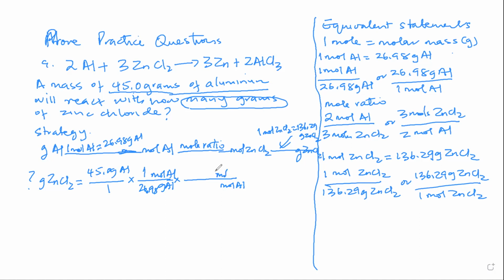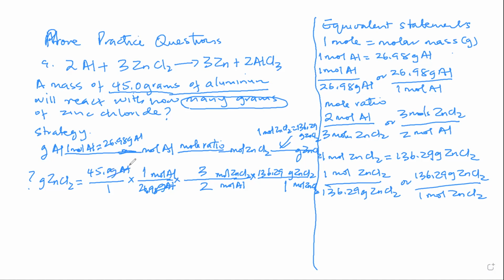Moles of zinc chloride, the mole ratio. So that's 3:2, okay? 3 moles of zinc chloride to 2 moles of aluminum, times moles of zinc chloride to grams of zinc chloride, which is 136.29 to 1 mole.